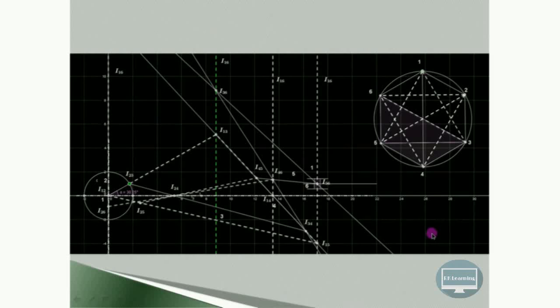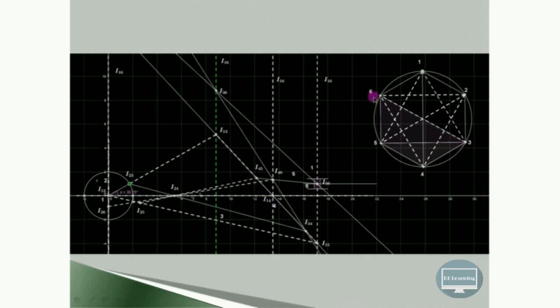Now finally we have to locate I35. So this 3 5 we have joined. Again it will form these two triangles 3 4 5 and 3 5 6. So leave this 3 5. So 3 4 and 4 5, they are already joined. Just extend them.